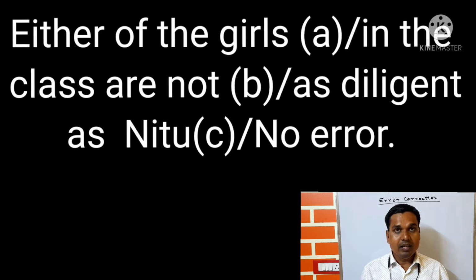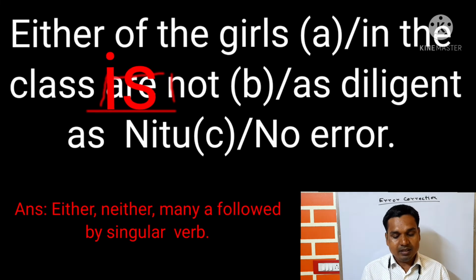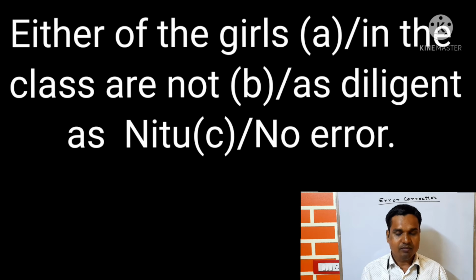The error is in the first portion of the sentence. Either, neither, many are followed by a singular verb, is, not are. So the correct sentence would be: either of the girls in the class is not as diligent as Nitu.